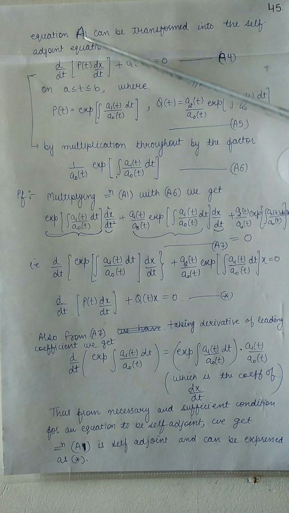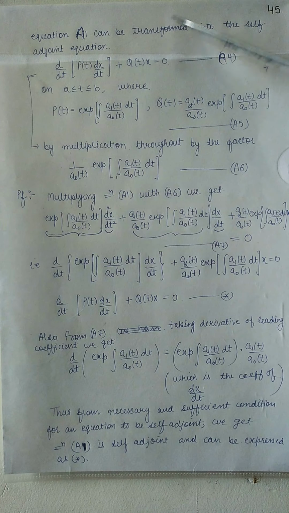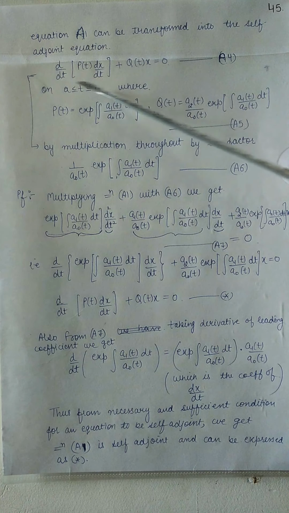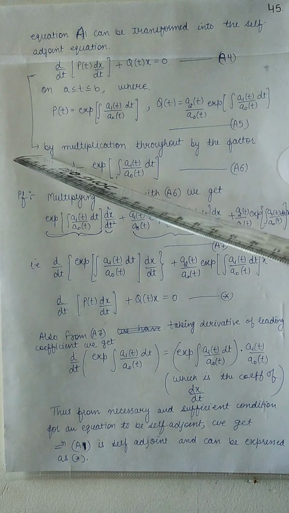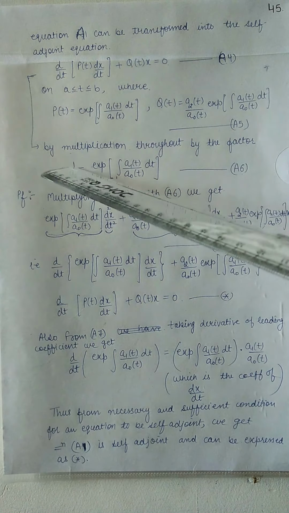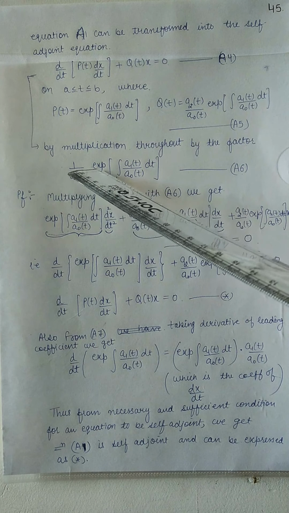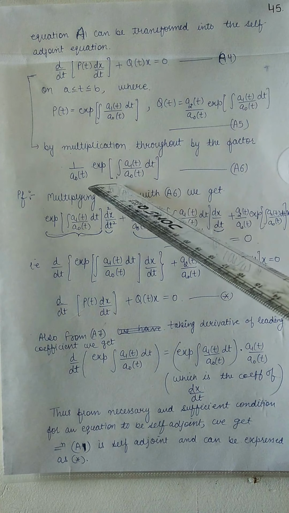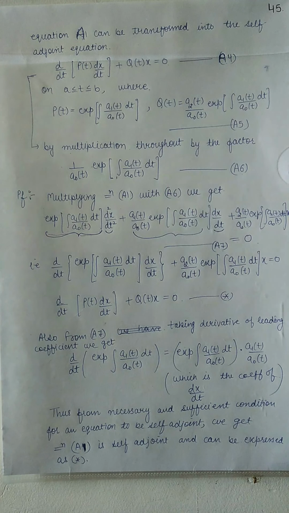The condition is that A1 can be transformed into a self-adjoint equation by multiplication throughout by the factor 1/a0(t) exponential of the integral of a1(t)/a0(t) dt.